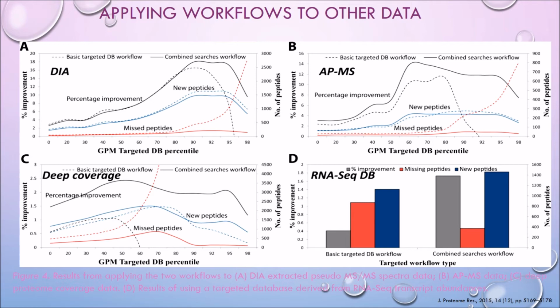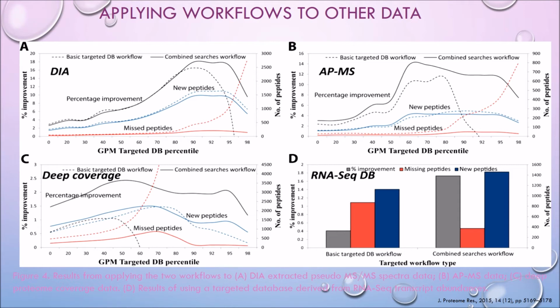For example, in the RNA-seq data, by using the combined search workflow, they improved the percentage of peptide identification, reduced the missing peptides and increased the number of new peptides.